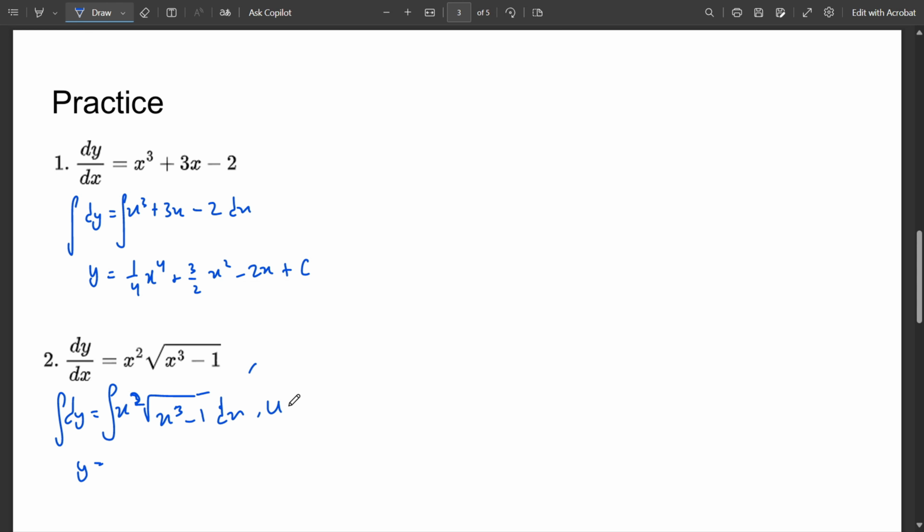We use u equals x cubed minus 1, so du equals 3x squared dx, because the derivative of a constant is 0, and dx must be du over 3x squared.